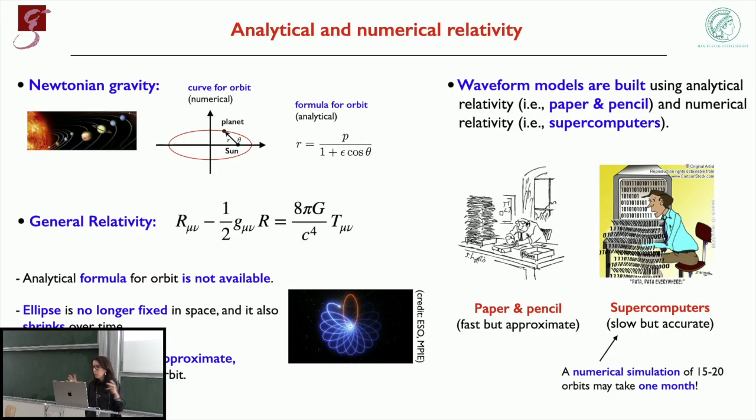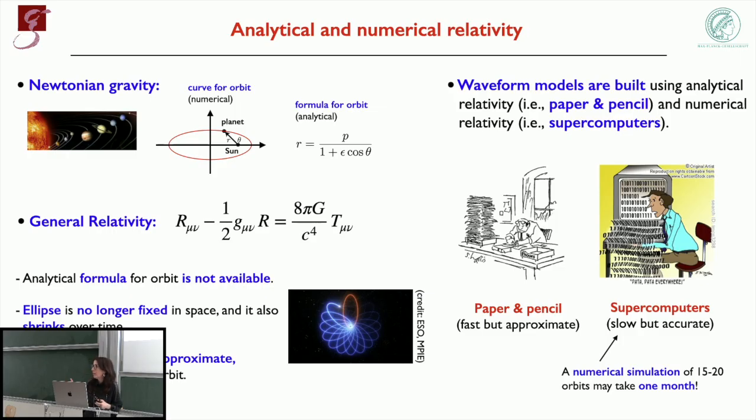So we have to put together these two groups of people: those working in analytical relativity, doing paper and pencil calculations, like, for example, Luc Blanchet here in the audience, and people using supercomputers, where basically we solve the Einstein equations numerically. Now, why can we not solve this problem only with supercomputers?